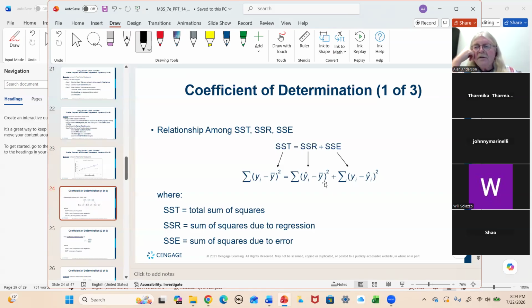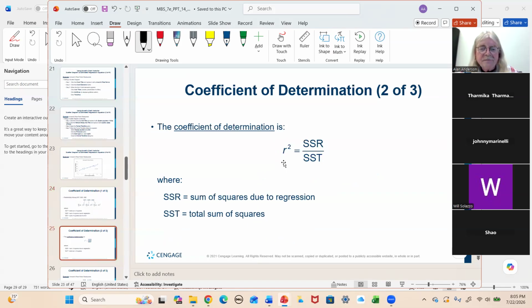So they're going to start introducing in small stages these different measures to help us understand what's going on with our regression data. And so here they're building up to this idea of R squared, the coefficient of determination. It's the kind of number that you want to be as close to one as possible. But it doesn't always work out that way. But it's good to know what it is.